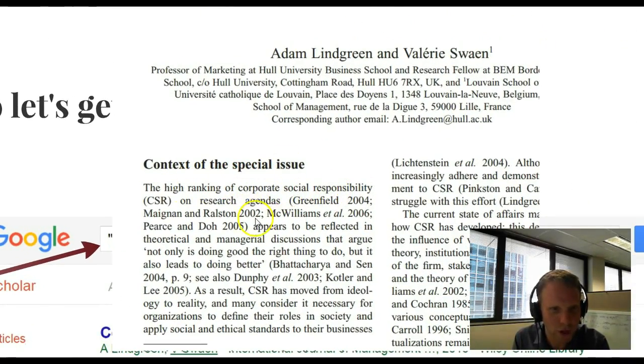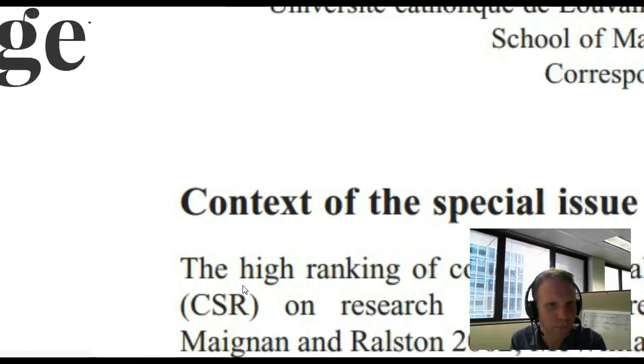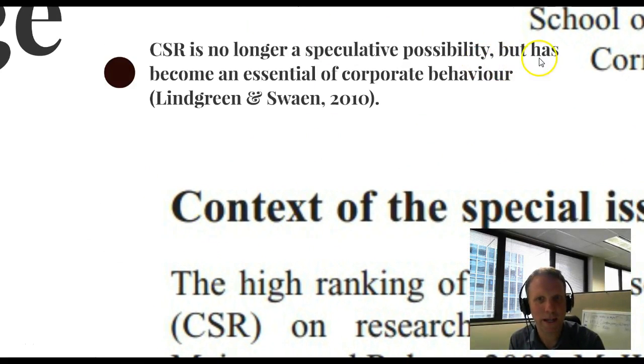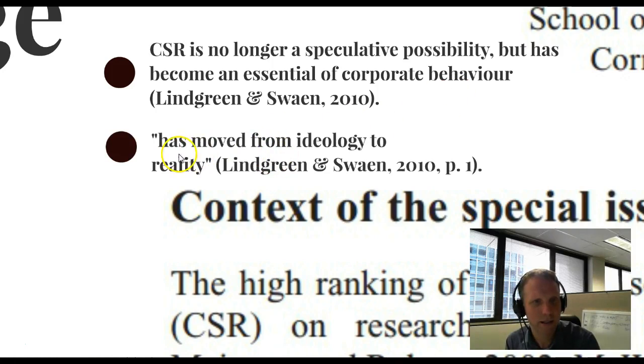The high ranking of corporate social responsibility and research agendas appears to be reflected in theoretical and managerial discussions that discuss not only is doing good the right thing, but it also leads to some performance. Improves as a result of CSR. As a result, CSR's moved from ideology to reality. I focused on that. CSR is no longer a speculative possibility, but has become an essential of corporate behaviour. CSR has moved from ideology to reality. That's just two examples that you could milk from that first thing.